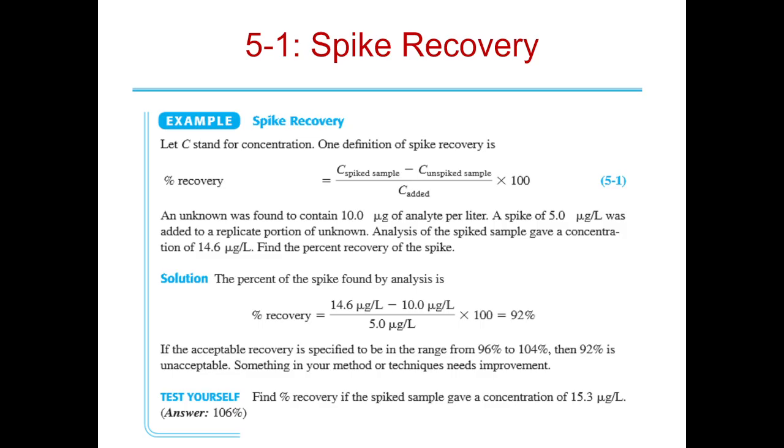So this right here is the spike recovery formula. It's very simple, but it tends to be a little bit counterintuitive for many people. Okay? So your percent recovery is the concentration of the spiked sample minus the unspiked sample. Okay? And that's divided by the concentration that you added to that sample.